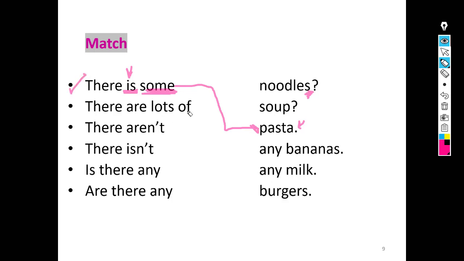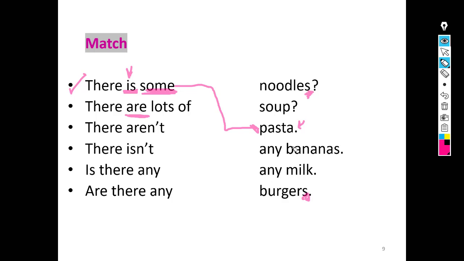There are lots of. We have got "are" here and we need a plural noun. Okay, there are. Is it a positive, affirmative sentence? Yes. So we don't use any for this example, and we need the plural form of the noun. Burgers and noodles.